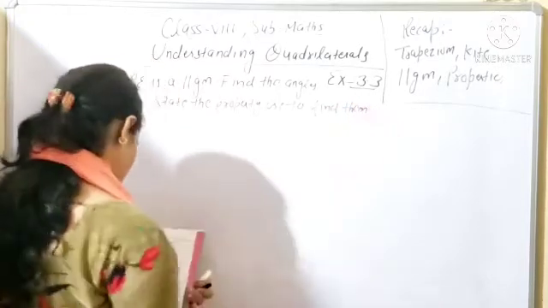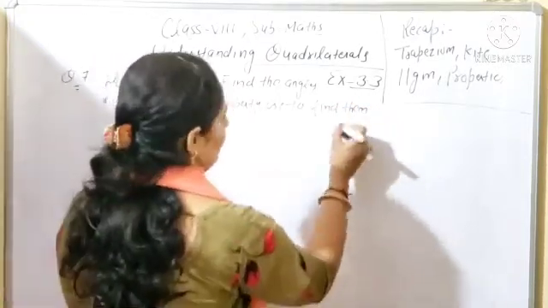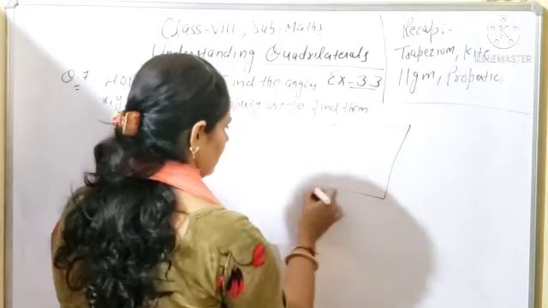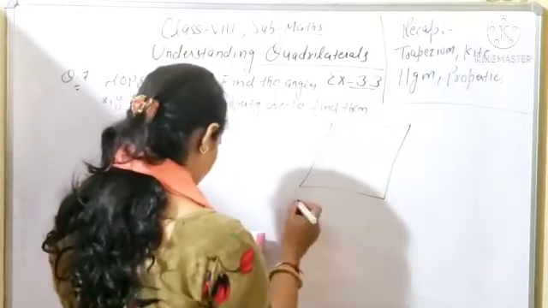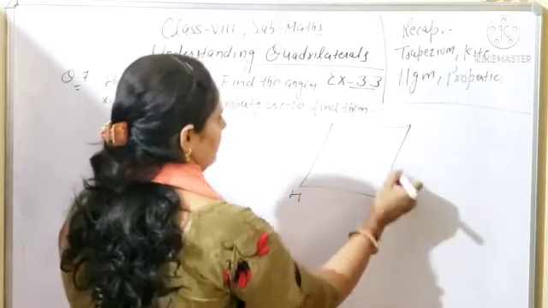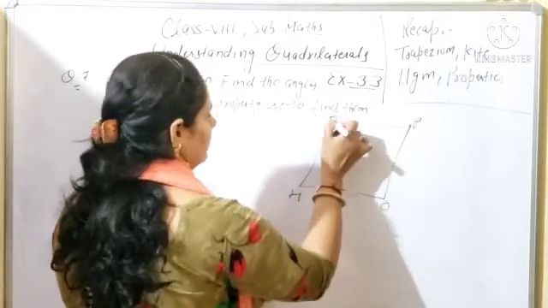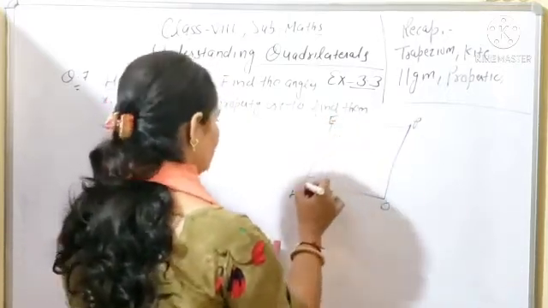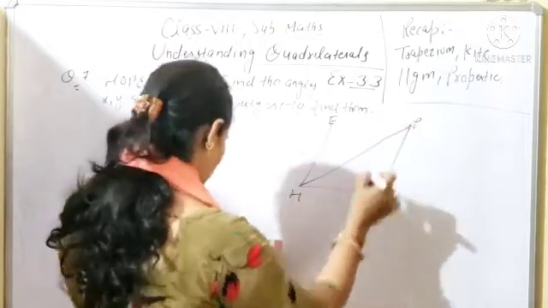So first you will draw the parallelogram HOPE. It is given like that. After that, we have taken one diagonal, HP.